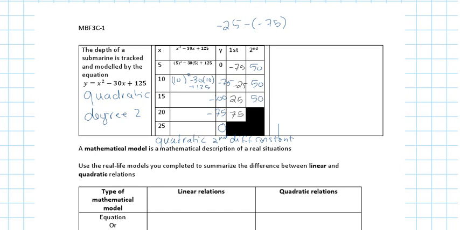Okay? So I need to go up by 5s on the x, and on the y, I am going to go by 25.